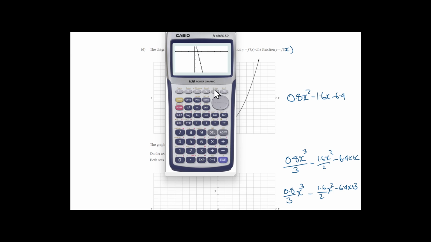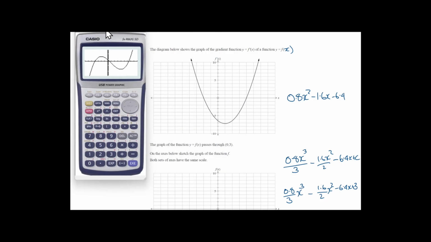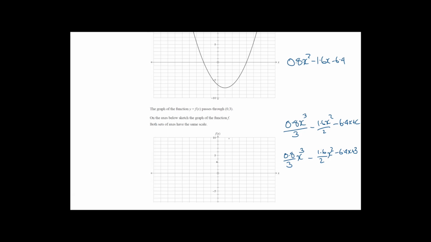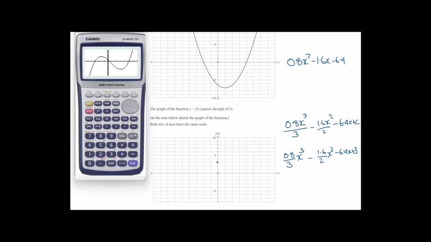And when we come to draw it and we zoom and auto, wow, it's going to look really funky. So we're going to zoom out a little bit. Here we go. When we draw it, it goes through the point 0, 3, and then it's going to have a turning point here.